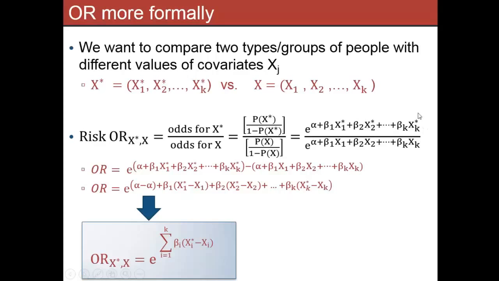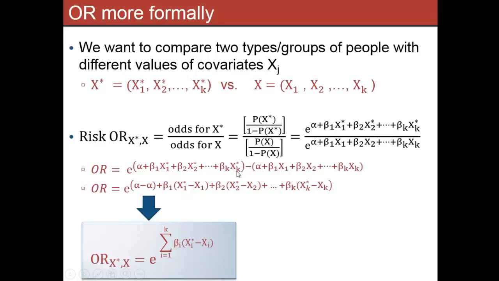So in the previous example, we held a lot of these constant and things canceled out, but they don't have to. You can generally put whatever you want here for these X's and the X stars. And when you take this ratio, you get what we saw before: you're subtracting the denominator's values from the numerator's in this coefficient, alpha plus beta 1 X1 star and so forth.